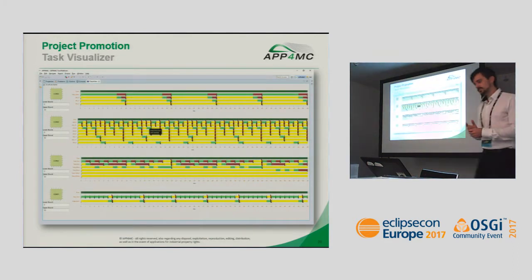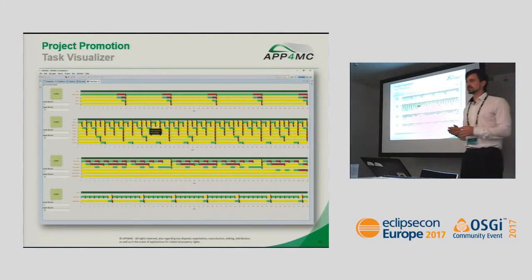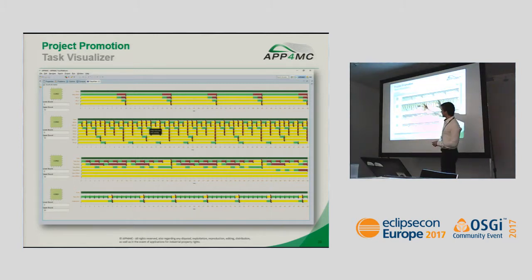This is also something that comes with the FRMC for free. It's a rudimentary simulation, and you can also adapt the simulation, of course, because we provide an API for that. Here you see the four cores and the executing of a task, the idle times of a task, the waiting times of a task, and deadline misses if there are some.